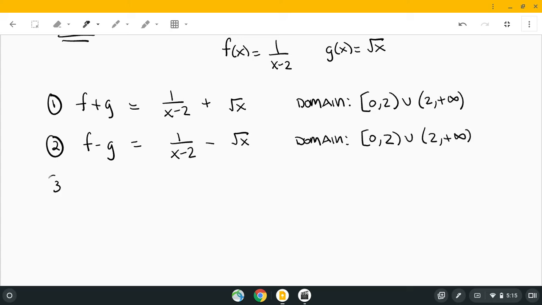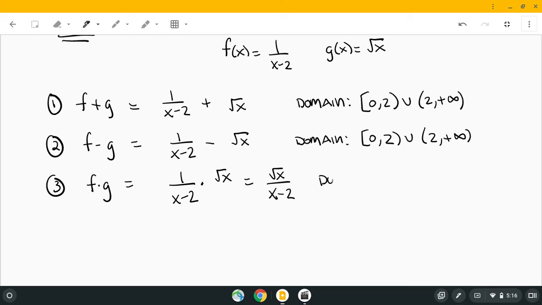All right. And number 3, f times g, multiplication here. So that would be f, which is 1 over x minus 2, times square root x. Let's just simplify that a little more. Let's clean it up. So that would just be square root x over x minus 2.